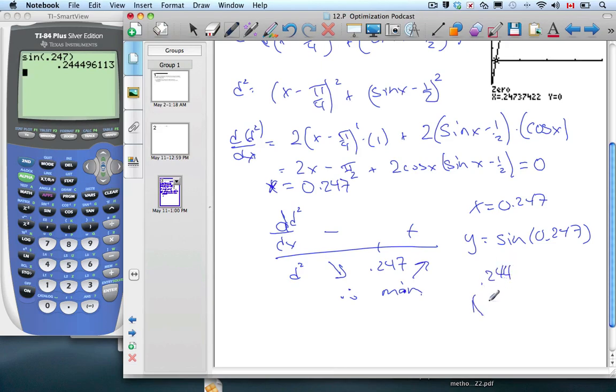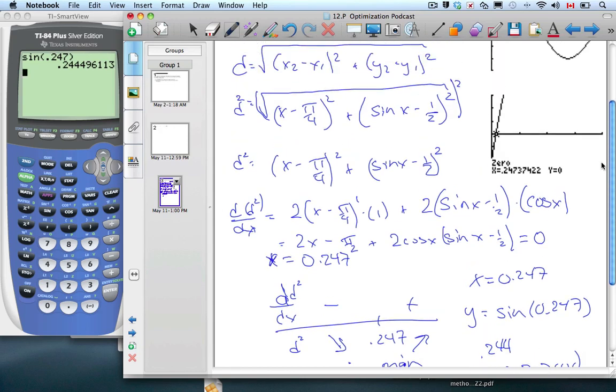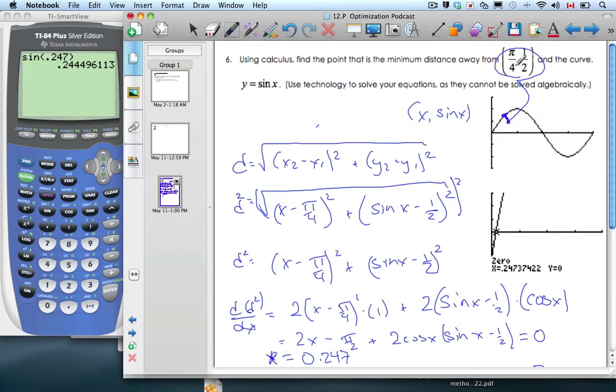So I have my coordinate point 0.247, comma 0.244. This point is the minimum distance away from (pi/4, 1/2). So this is the coordinate point (0.247, 0.244).